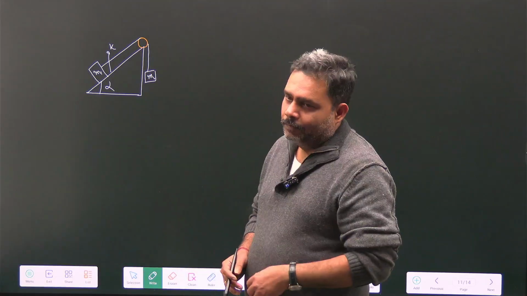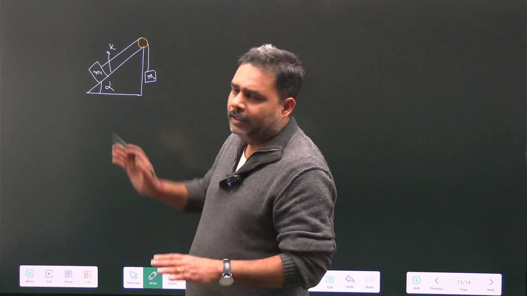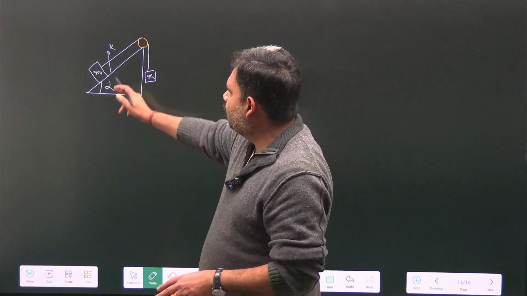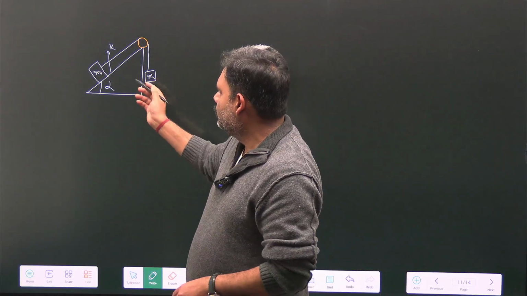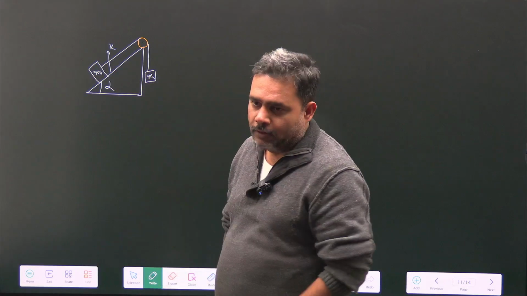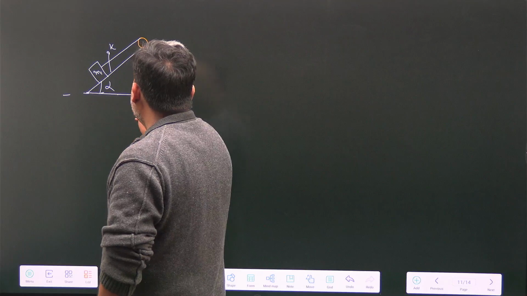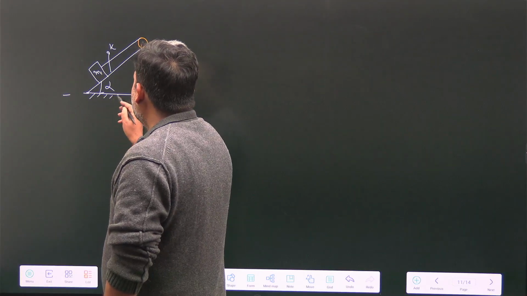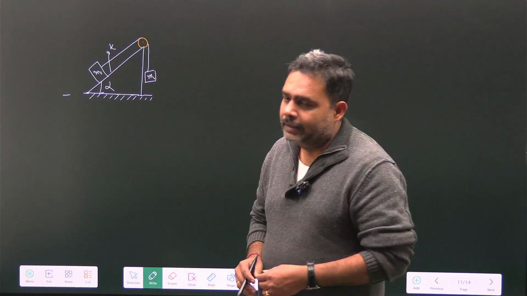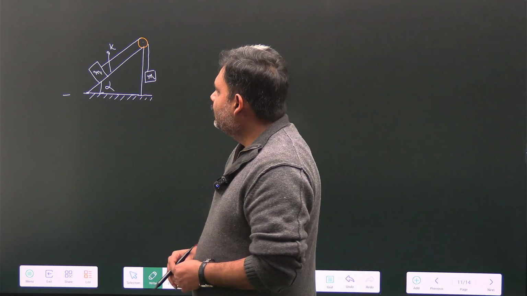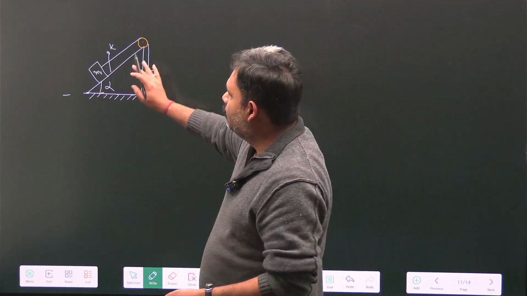The question is very important. There are no other forces. Only weight is there, tension is there, but no other forces. This particular wedge will rest with respect to the ground, so it is not going to move. And what we have to do is calculate what the condition will be such that the particles m1 and m2 will rest with respect to this particular wedge.